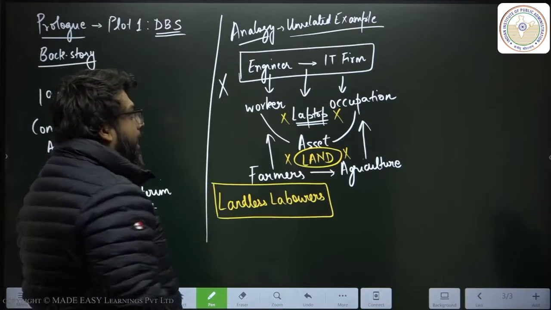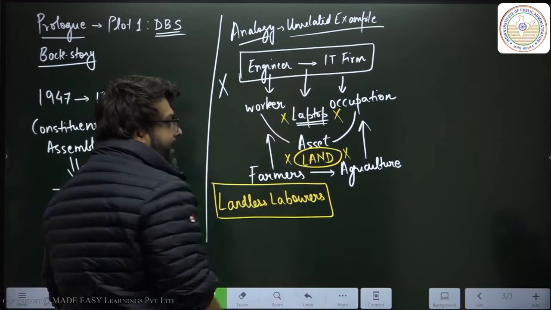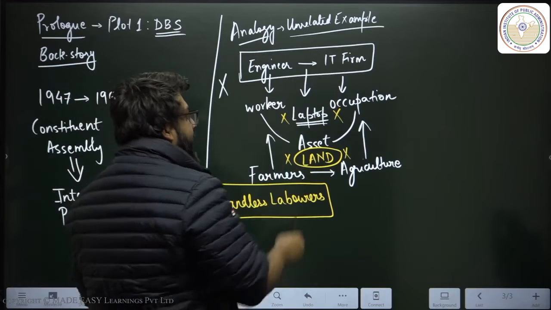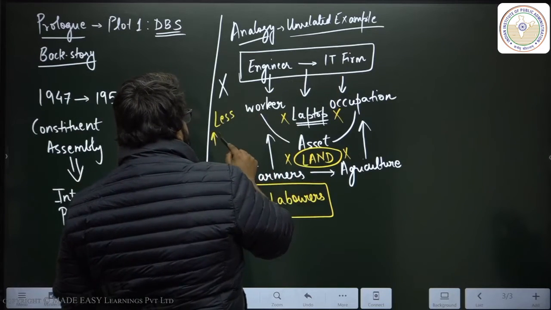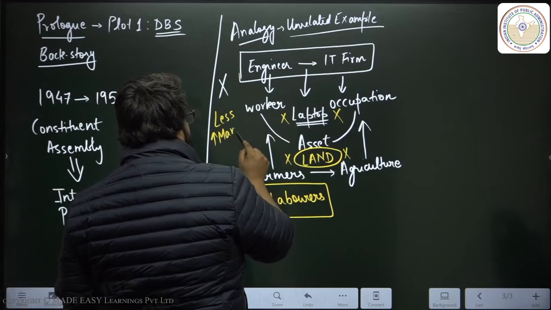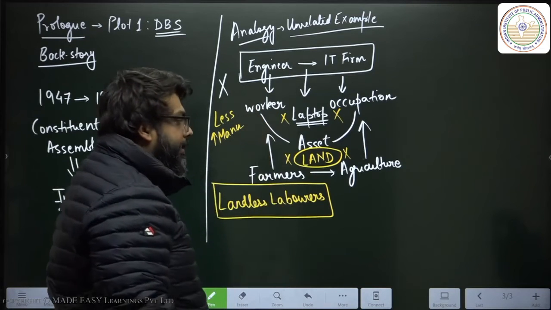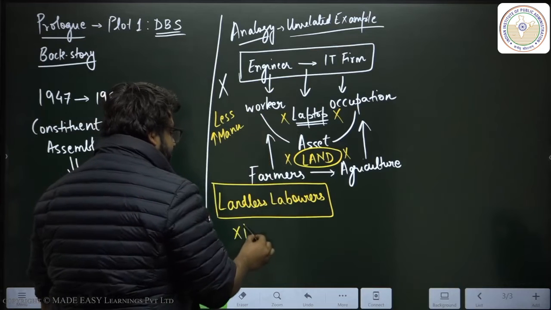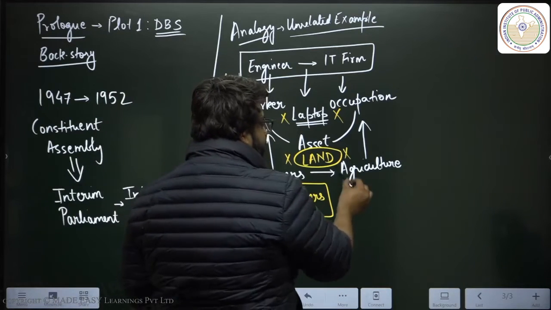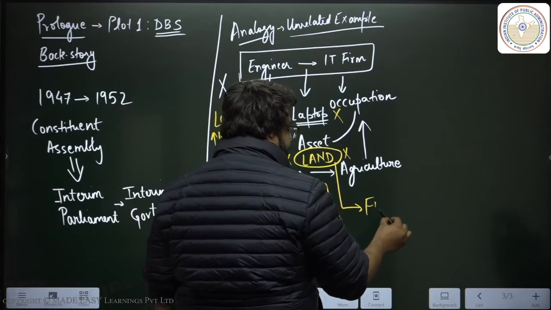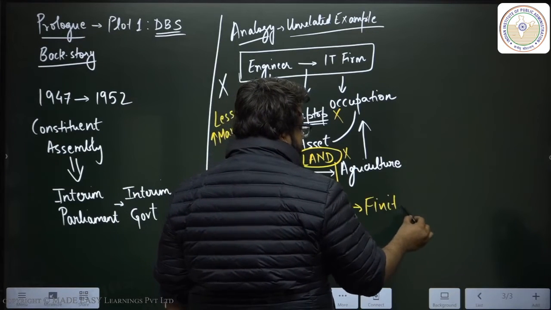Now, unlike engineering and IT firms, where if, let us say, there are fewer laptops, you can manufacture more laptops, here you cannot manufacture land. Land, unfortunately, is a finite resource.